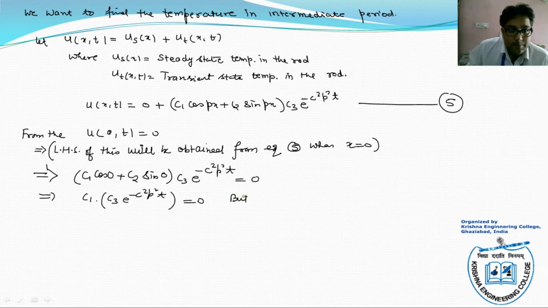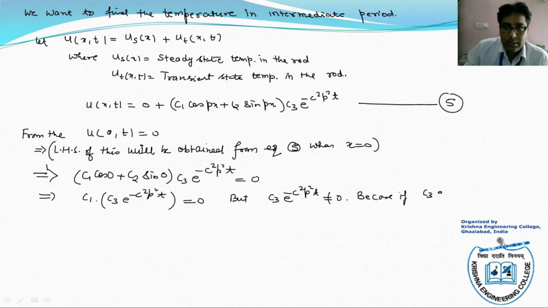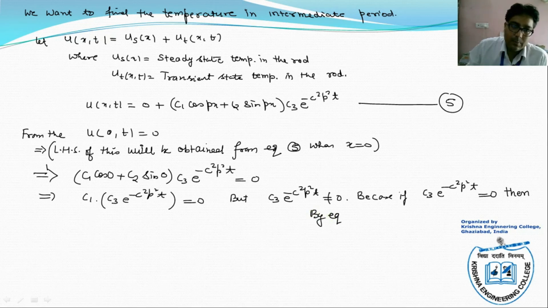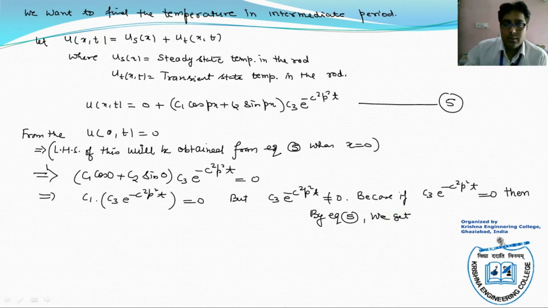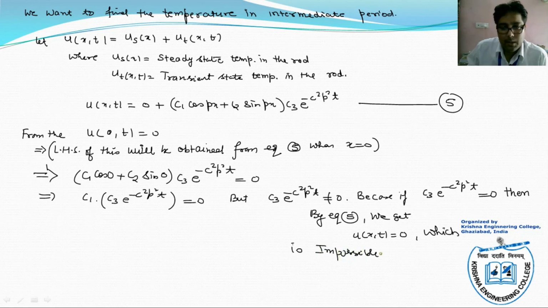But C3 e to the power minus c square p square t will not be equal to 0, because if it is 0, then by equation 5 we get a zero solution, u(x, t) = 0, which is impossible.